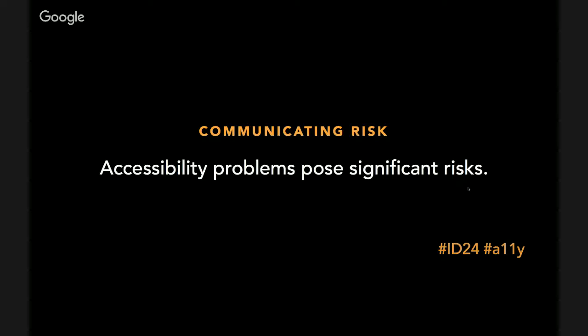If you ignore certain accessibility problems, you can face significant legal risks as an organization, or your clients can. So communicating that to the proper folks early on in the project will help you adjust the scope as needed if it hadn't been accounted for initially.